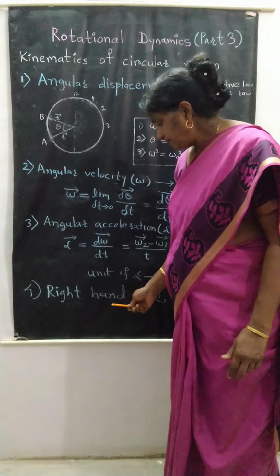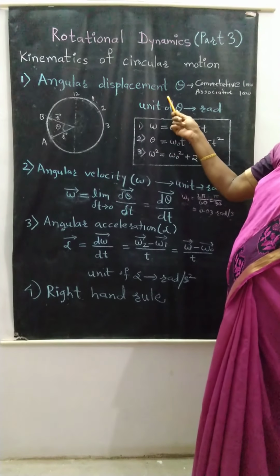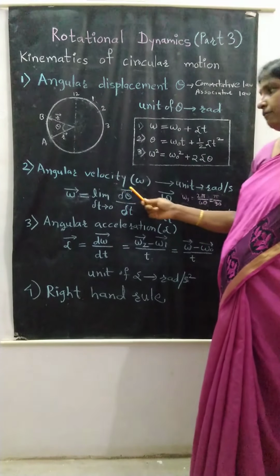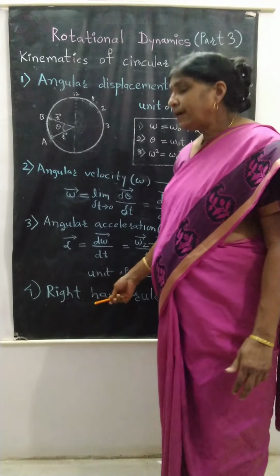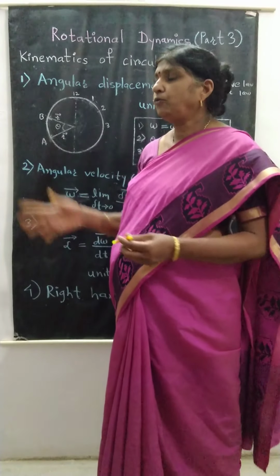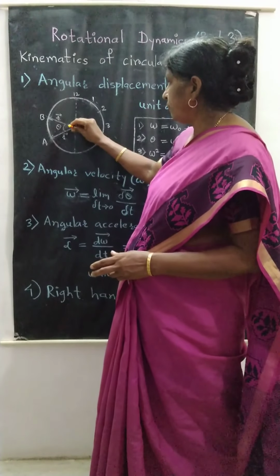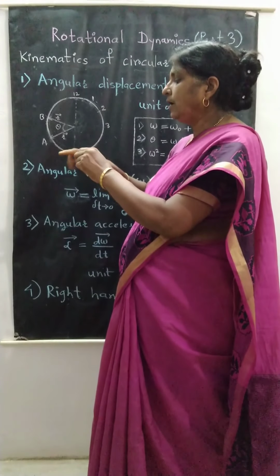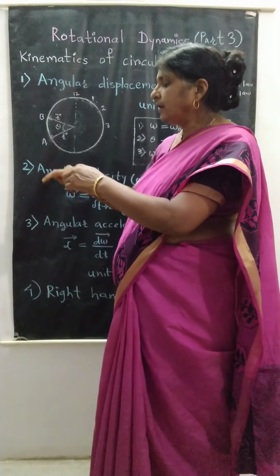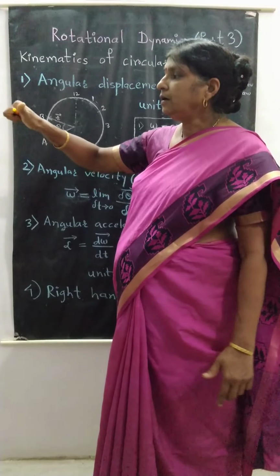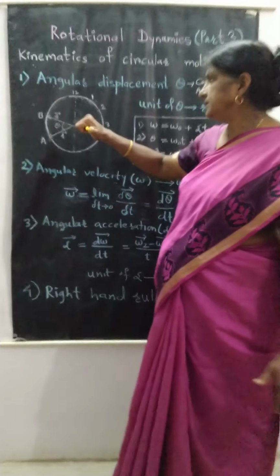The right hand rule is used to determine the direction of angular displacement or angular velocity. So what is this rule? According to this rule, we have to use our right hand. If this is the axis of rotation, then we hold the axis of rotation in our right hand with our fingers curled around the axis and the thumb outstretched like this.